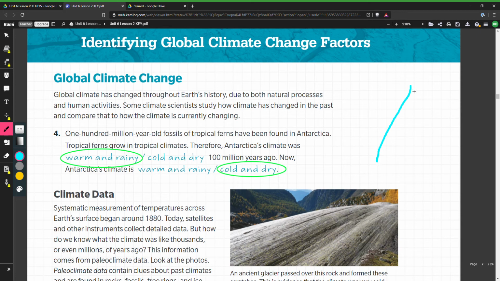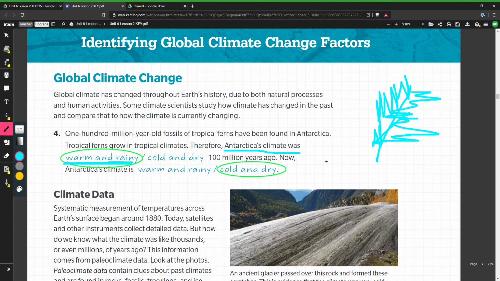These were big fern plants, giant plants, and they look just like ferns that you'd see if you went up to Tahoe or Yosemite and were deep in the forest in the fall and you have these big leaves. Where did those come from if it's Antarctica? They have found these in Antarctica, which shows that Antarctica's climate at one point was warm and rainy.